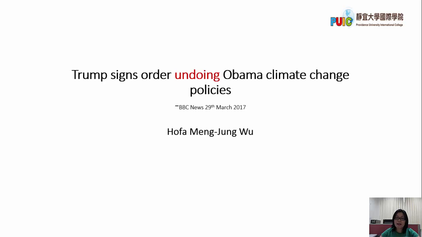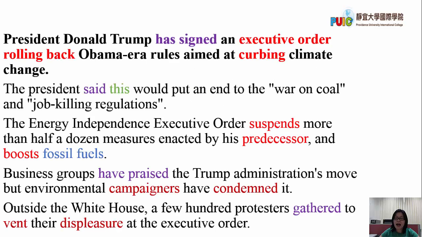Now, let's look at our content. 让我们现在进入新闻内容。I am going to read the sentences slowly, and you can follow me. President Donald Trump has signed an executive order rolling back Obama-era rules aimed at curbing climate change.